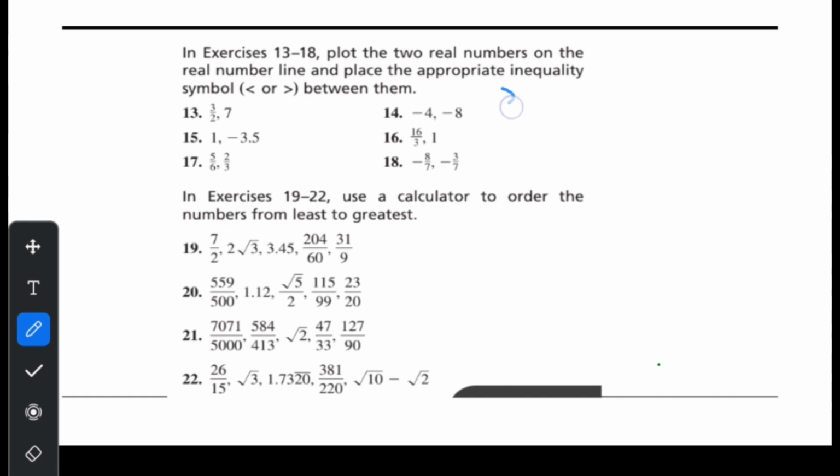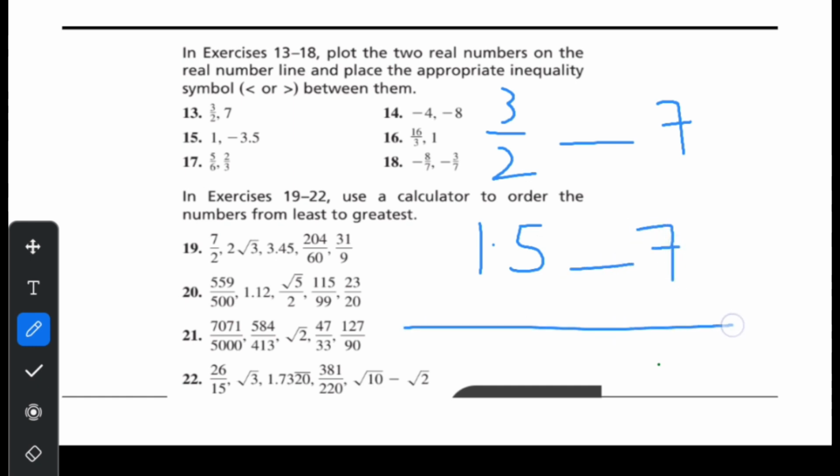The first is 3 by 2 and the second one is 7, and we want to find which number is greater. For greater, we'll use the inequality, and let's convert the fraction number into decimal first. So 3 upon 2 is equal to 1.5, and at the right hand side we again have 7.